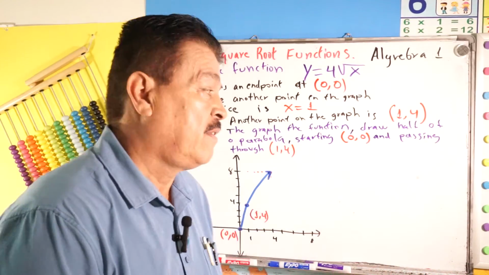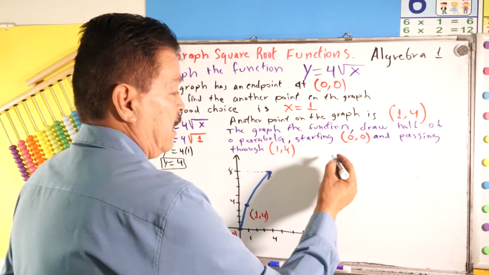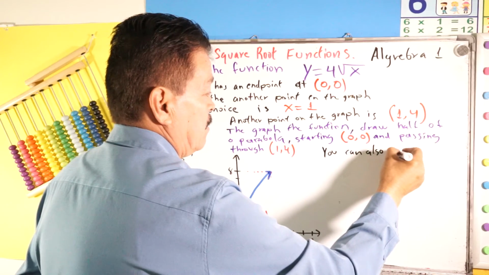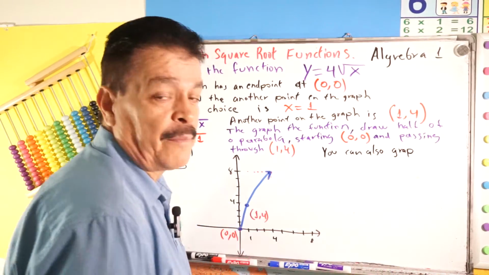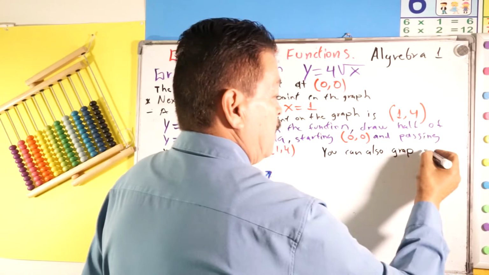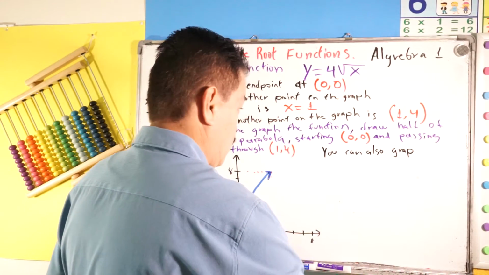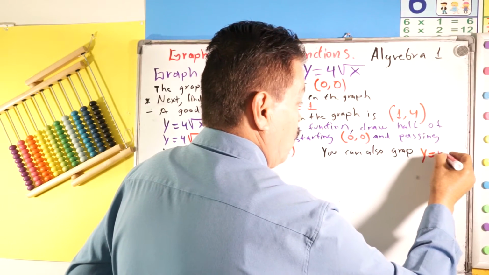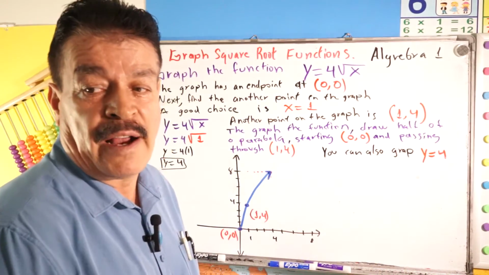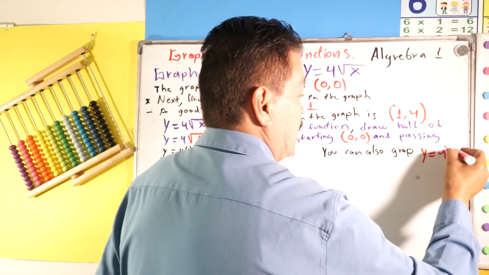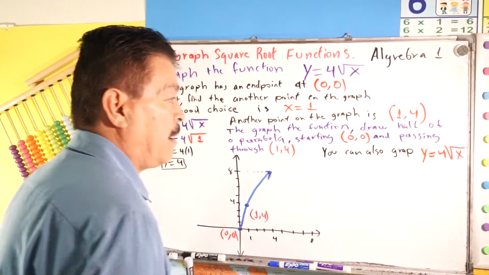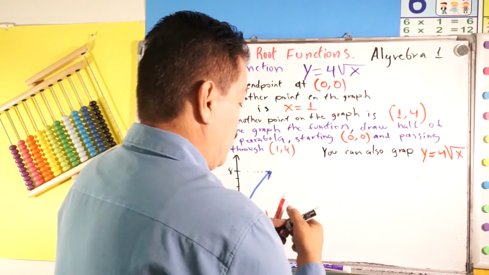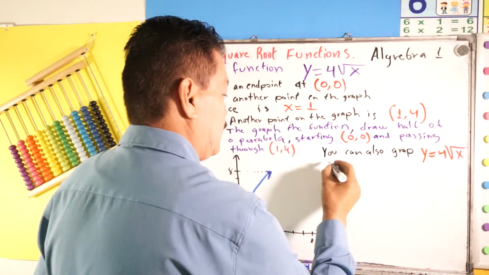You can also graph y equals 4 square root of x by applying a transformation.